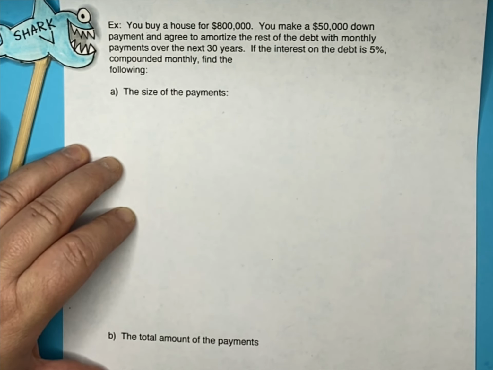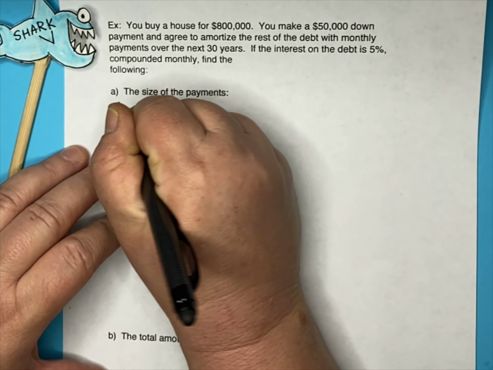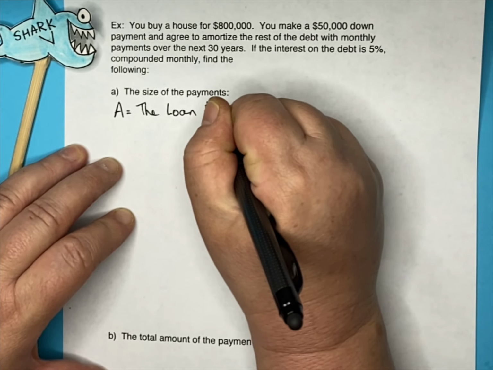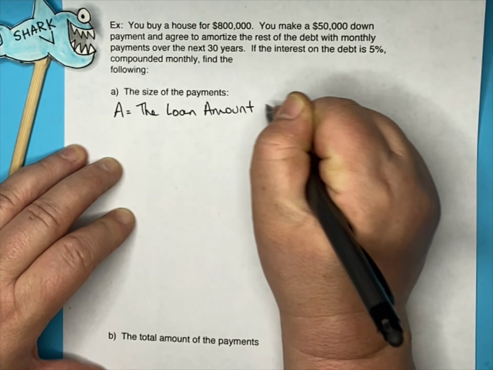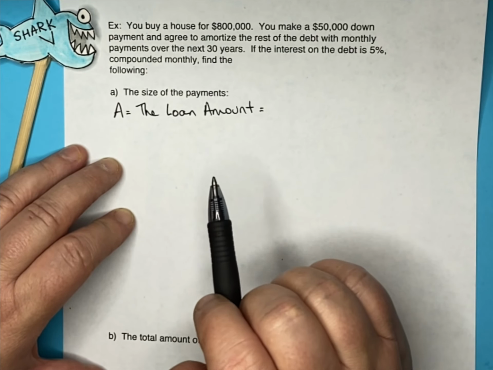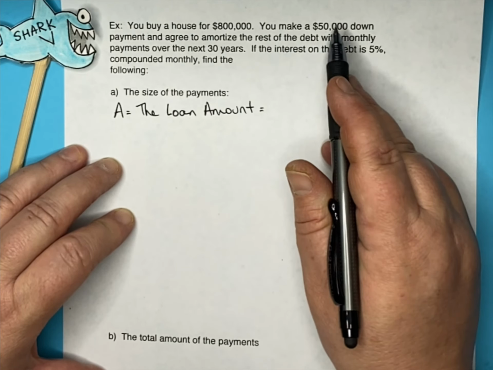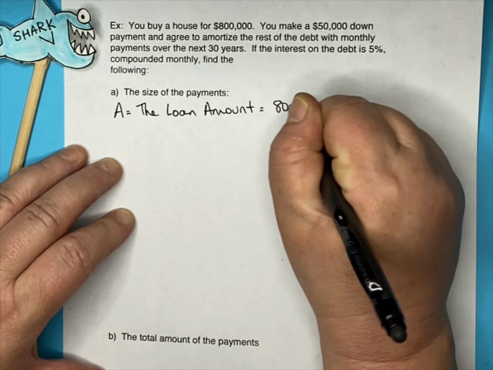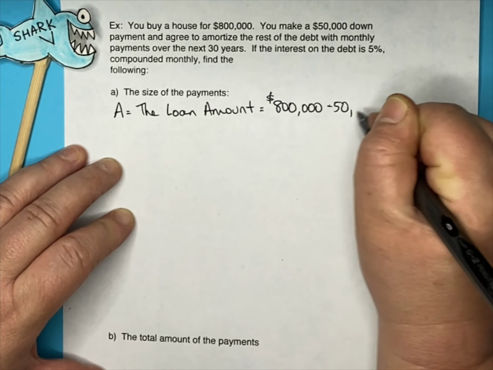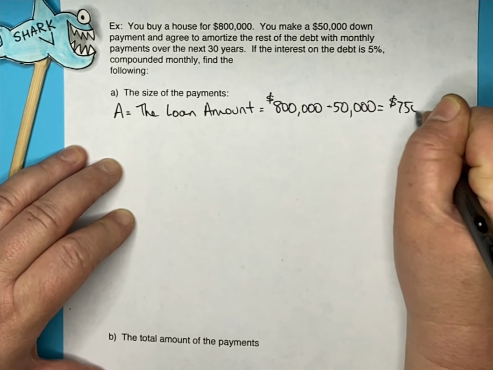First off, we need to know the loan amount. It's very simple to think, okay, well, it's just $800,000, but it won't actually be $800,000 because we're going to make a down payment. So it's actually going to be $750,000.